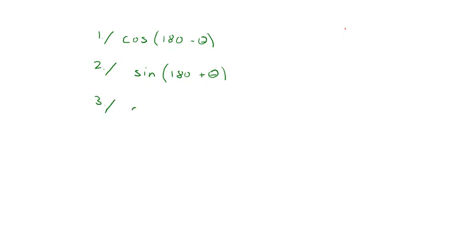Here's my 0, here's my 90, here's my 180, and since I'm going back by theta, a theta will be there, and a 180 minus theta will be here. I also notice I'm in the sine quadrant.